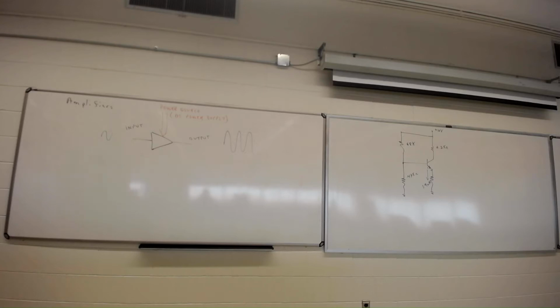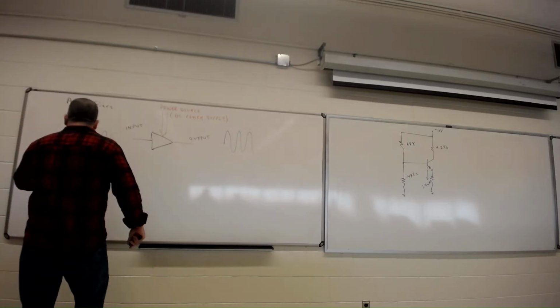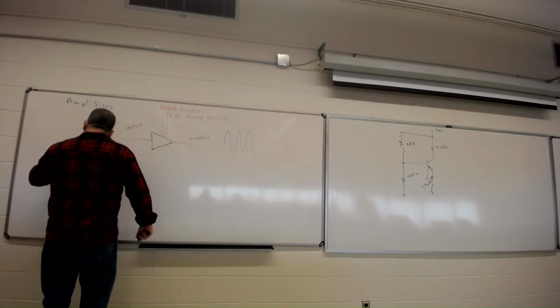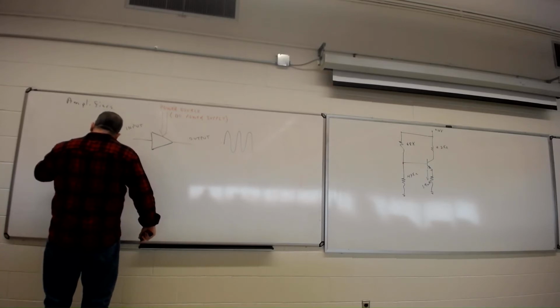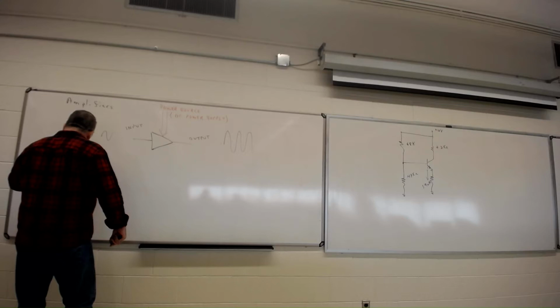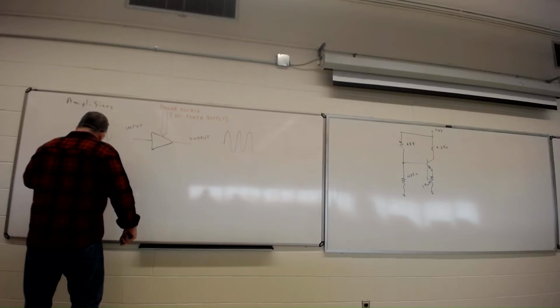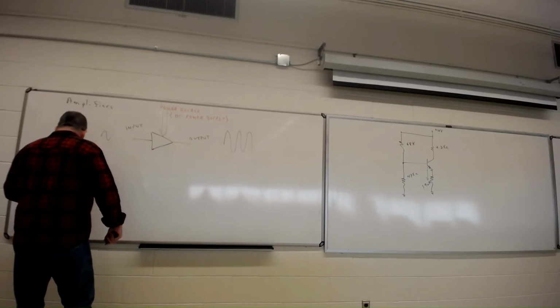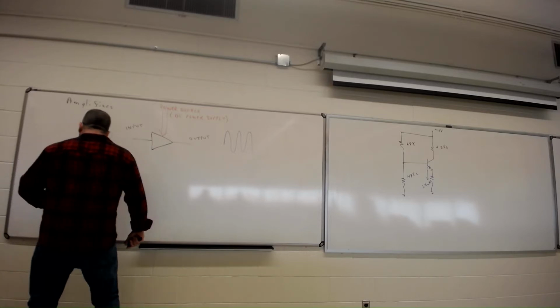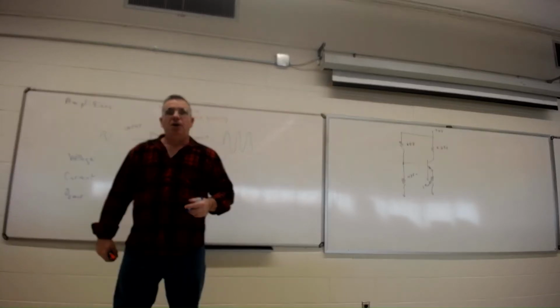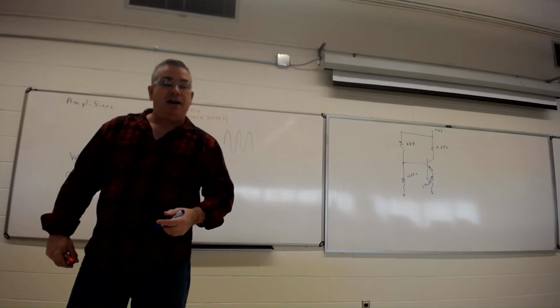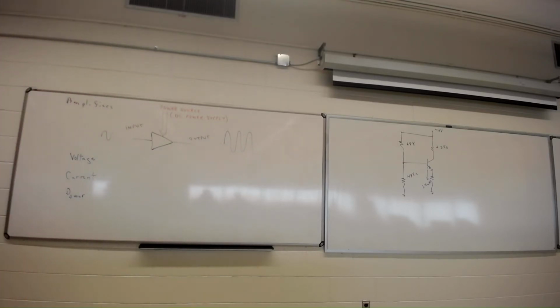Now, an amplifier can amplify three things. It can amplify voltage, it can amplify current, or both of these, and it can amplify power. So we can have voltage amplifiers, current amplifiers, and power amplifiers.